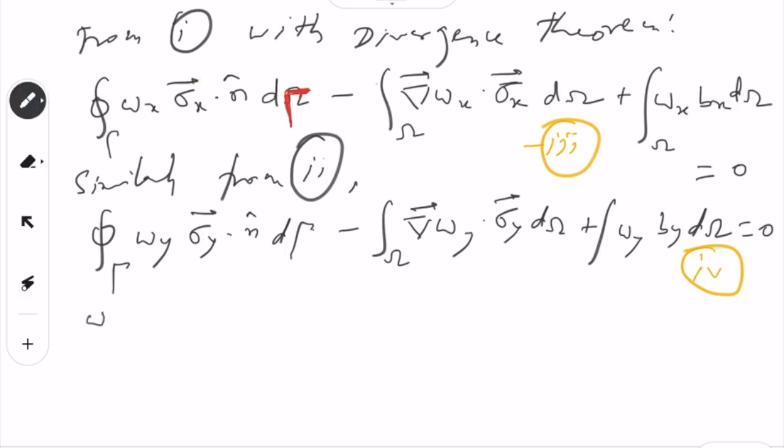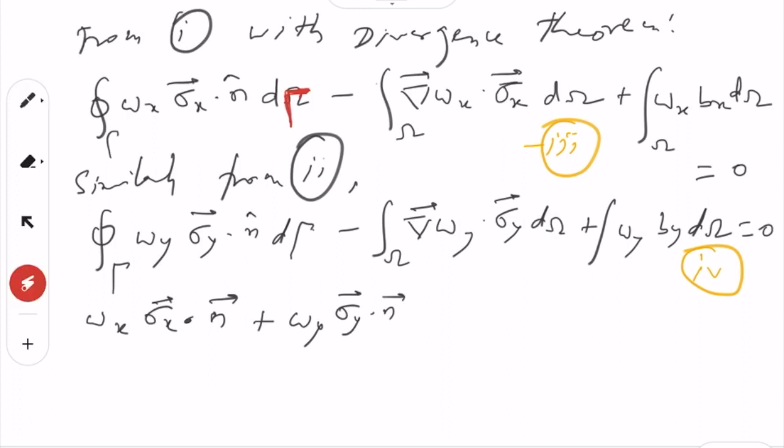So Wx sigma x dot n, okay, dot n plus wy sigma y dot. I am not making any difference between this hat and vector.